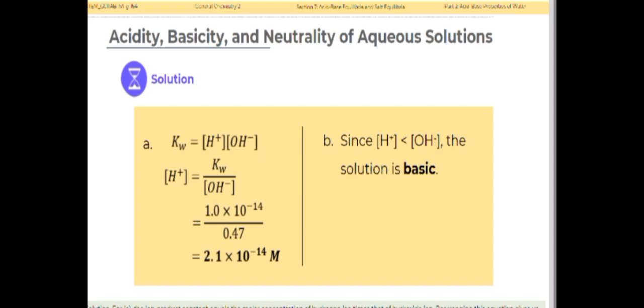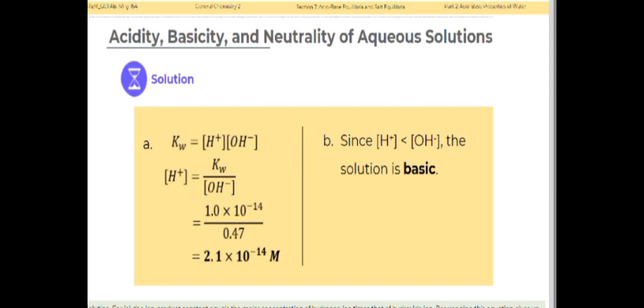Solution. For A, the ion product constant equals the molar concentration of hydrogen ion times that of hydroxide ion. Rearranging this equation gives us the equation for calculating the molar concentration of hydrogen ion.